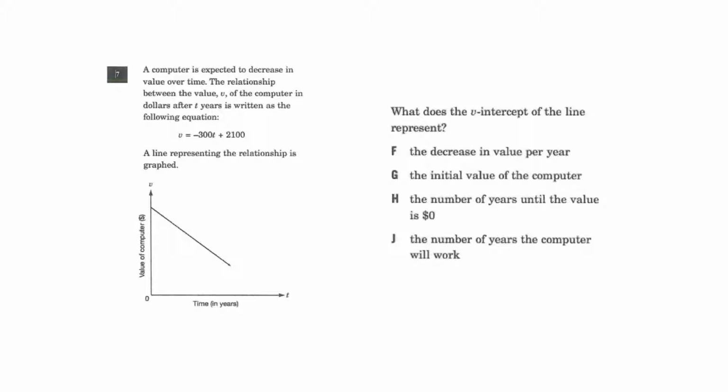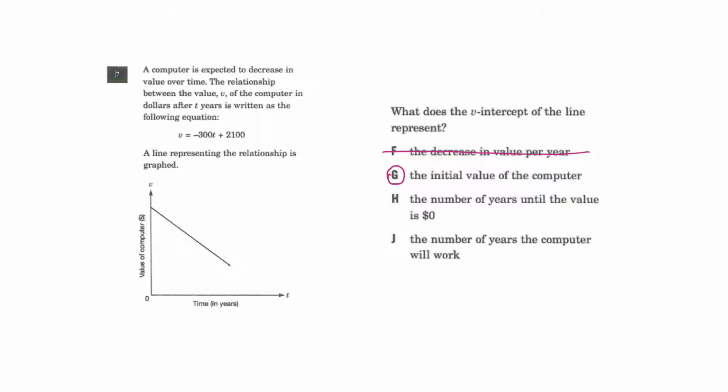If we take a look here, the V-intercept would be the initial value, what you start off with. So it's not the first one. It's not the decrease in value per year, so that's wrong. The initial value of the computer is the right answer, so it's that one.